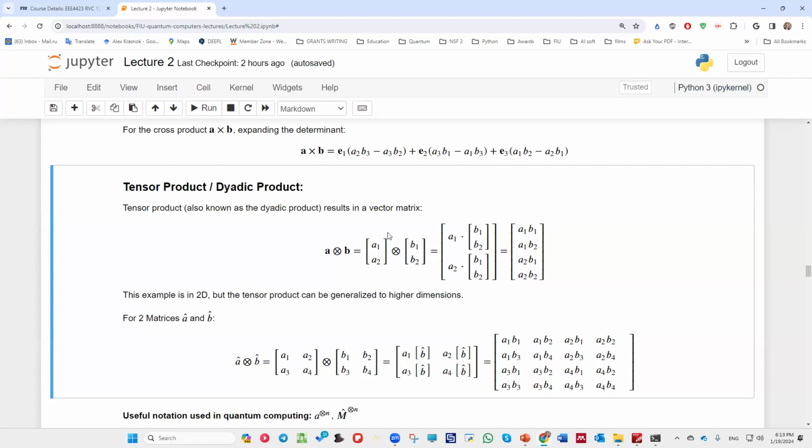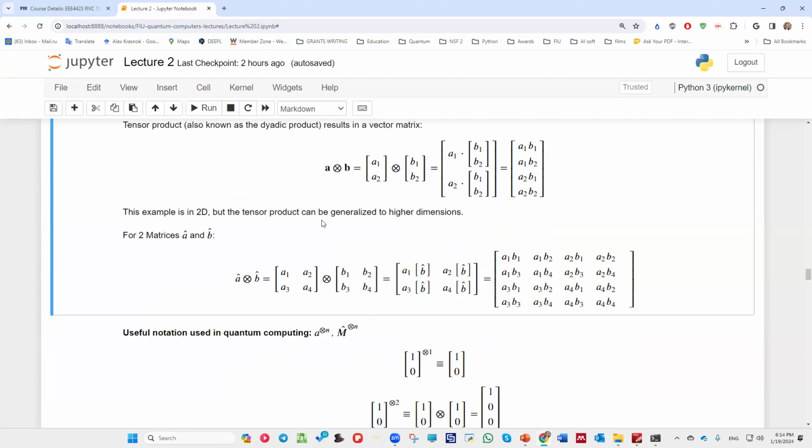Okay, so a system of 2 qubits will be represented by a vector with 4 components. And if I add another qubit to the system, I will multiply this again by 2. So it's going to be an 8 component vector.